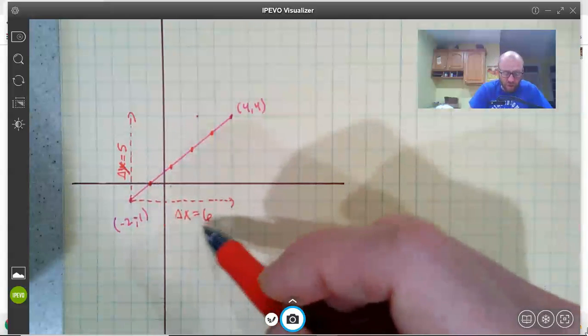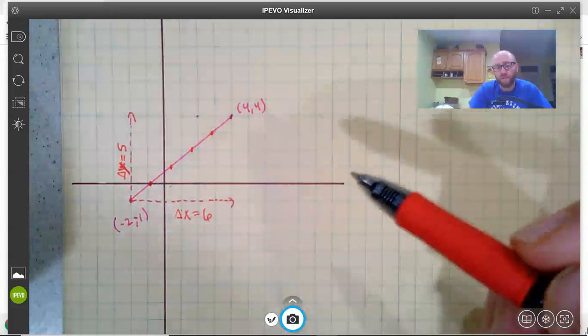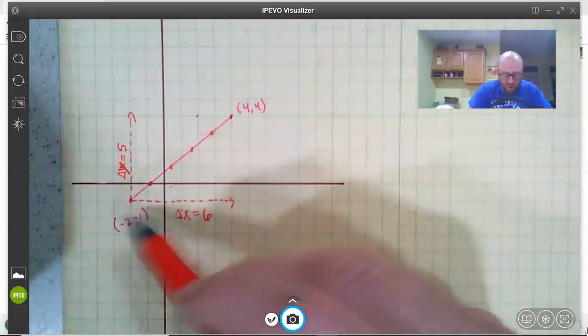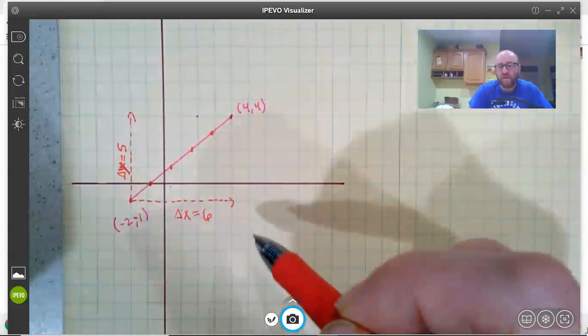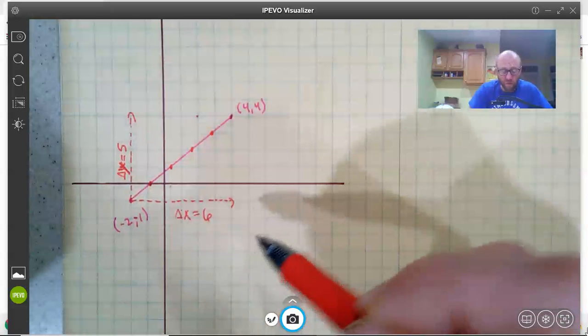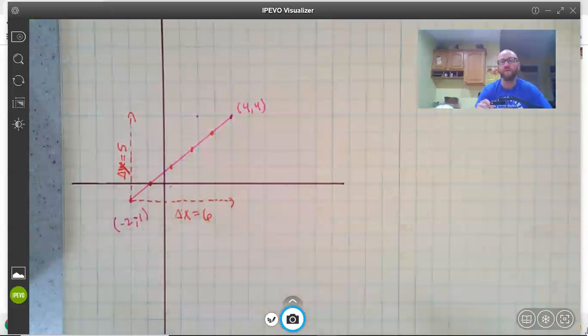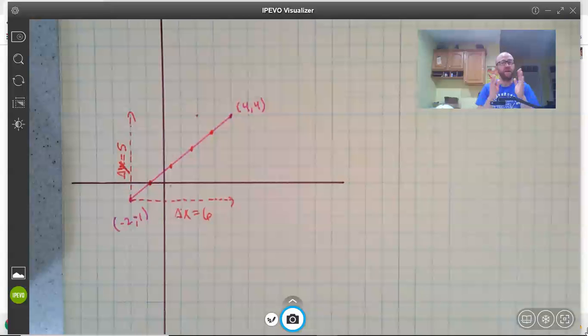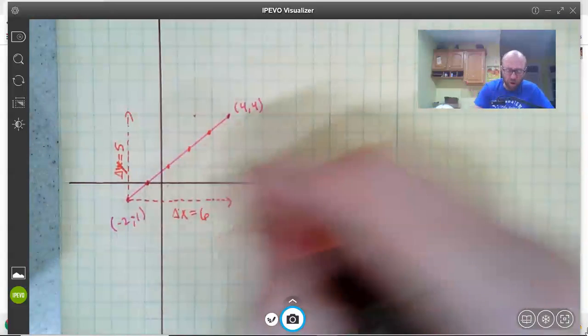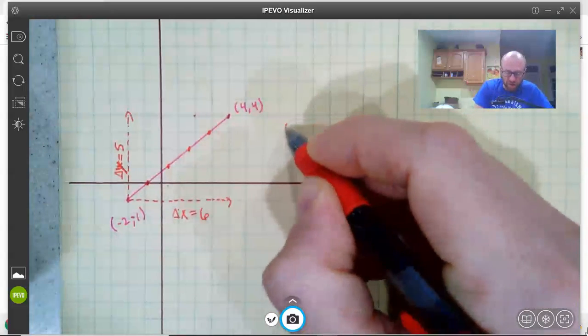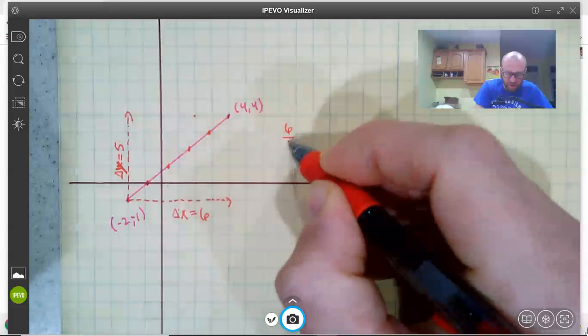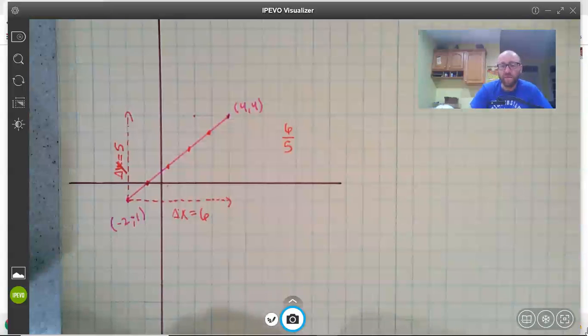Now, the tricky part is to figure out what the x coordinates are. That's a little bit trickier. We have a total change in x of 6 units, and we want to break that down into 5 equal sized pieces. If we want to take anything and divide it into a number of equal sized pieces, we just divide, right? So our change in x for each one of these is going to be the full 6 divided by 5.